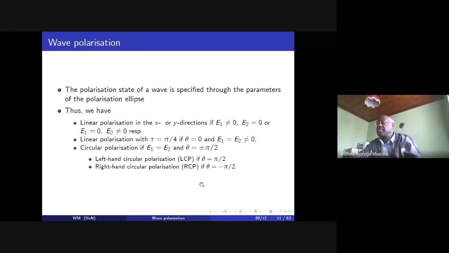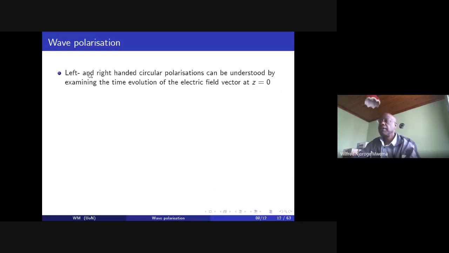We shall see that there is an ambiguity because the direction of rotation depends on whether the wave is moving away from the observer or the wave is coming towards the observer. So left and right hand circular polarization can be understood by examining the time evolution of the electric field vector at z equal to 0.